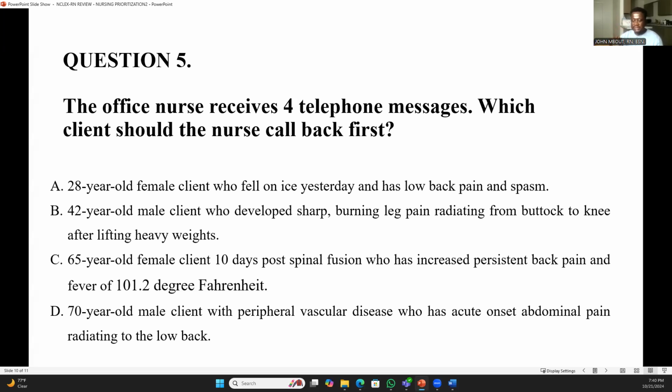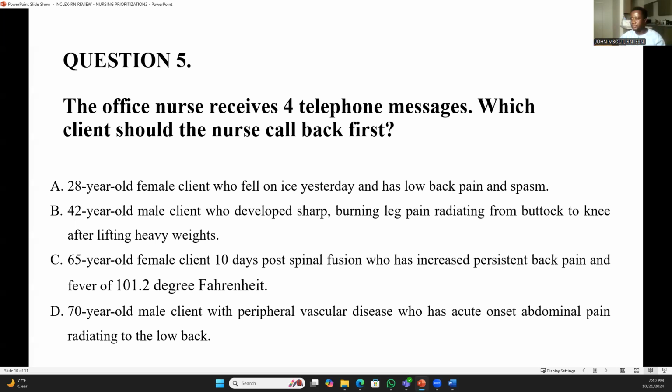4 rules of prioritization: acute versus chronic, right? Post-op less than 12 hours versus post-op above 12 hours. Stable and unstable. Let's eliminate age and gender. We have no concern about that.